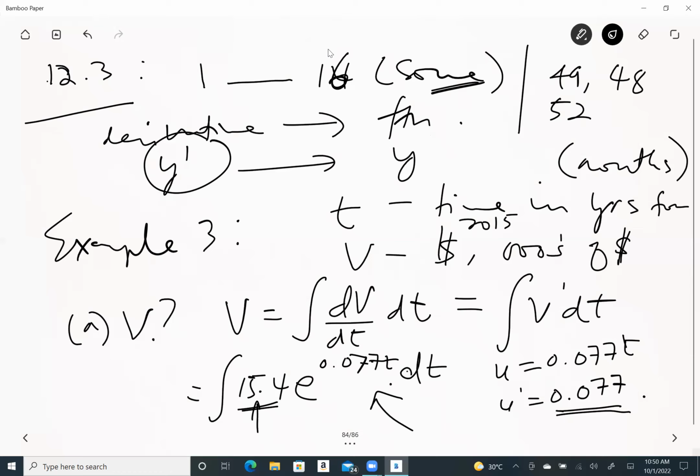The integration where we use the exponent, that is 13.4, application of the integral.